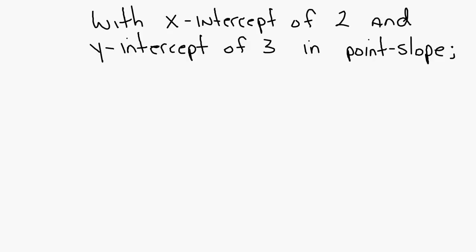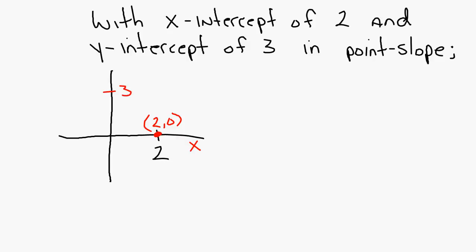They're giving you two coordinates of the line, but they're giving it to you in a different way. If a line has an x-intercept of 2, the line hits the x-axis at 2, so what would the coordinates of that point be? 2, 0. If that same line hits the y-intercept at 3, what are the coordinates of that point? 0, 3. They just gave you the two coordinates, but they gave you it in a different format.